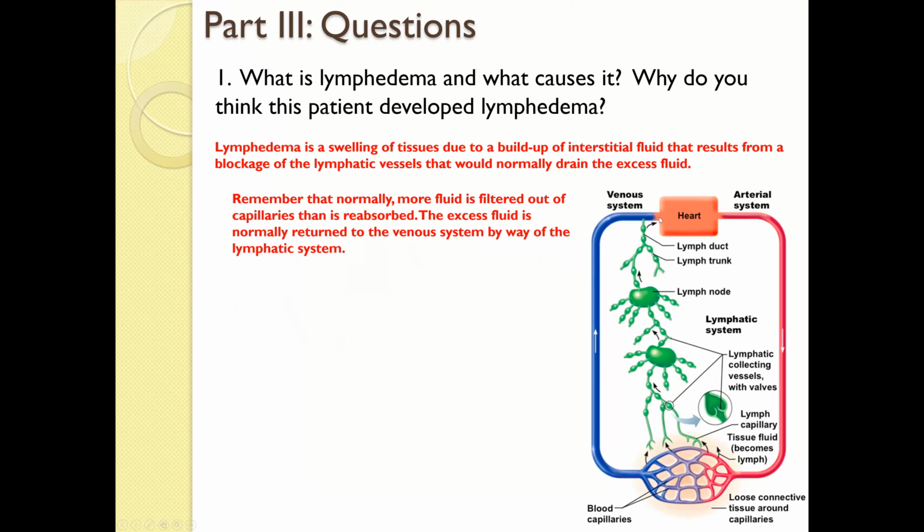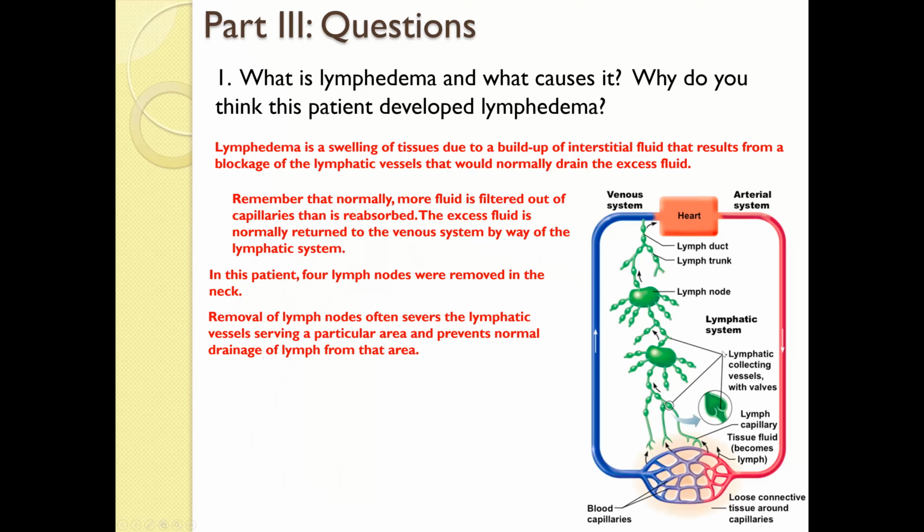venous system. So in this patient, 4 lymph nodes were removed in the neck. Removal of lymph nodes often severs the lymphatic vessels serving a particular area and prevents normal drainage of lymph from that area. So this patient likely developed lymphedema because of the removal of the lymph nodes.